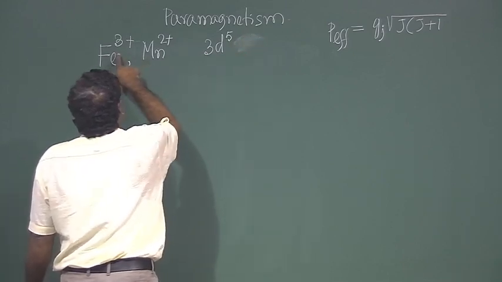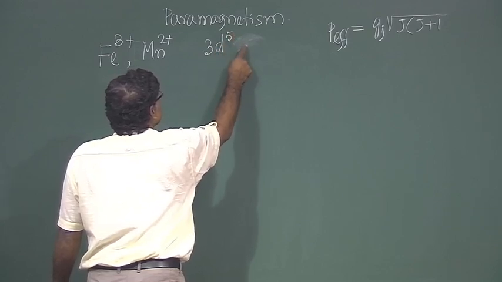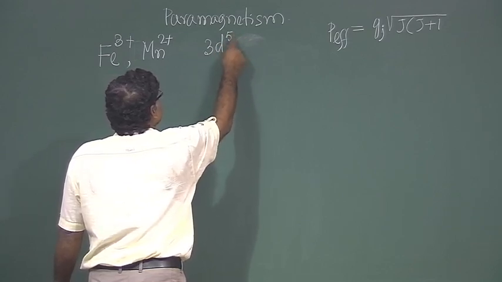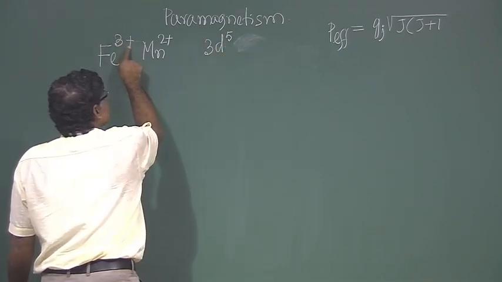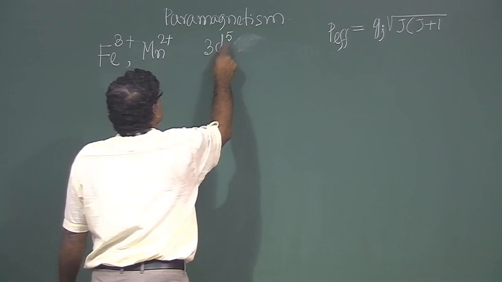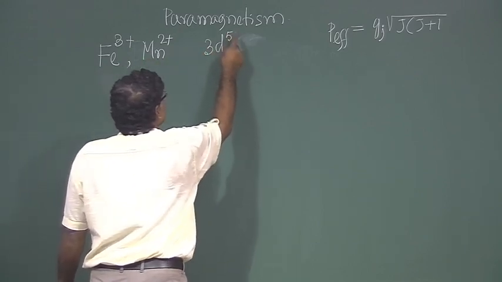So, actually for iron this is 3d6 4s2. The s2 electrons and 1 electron from d, so that is 3 plus. Okay. So, effectively this is 3d5, manganese 3d5 4s2.